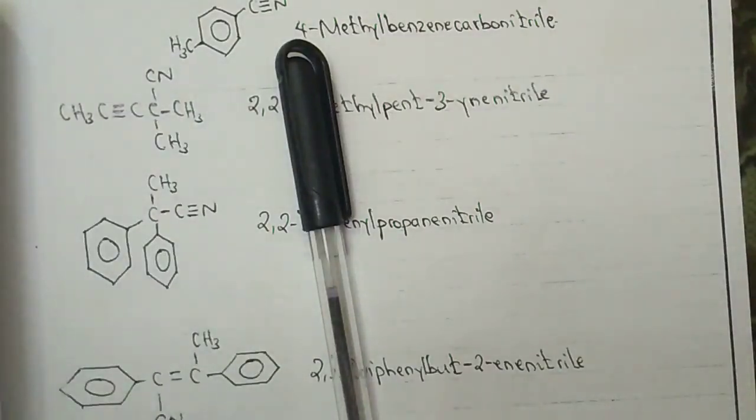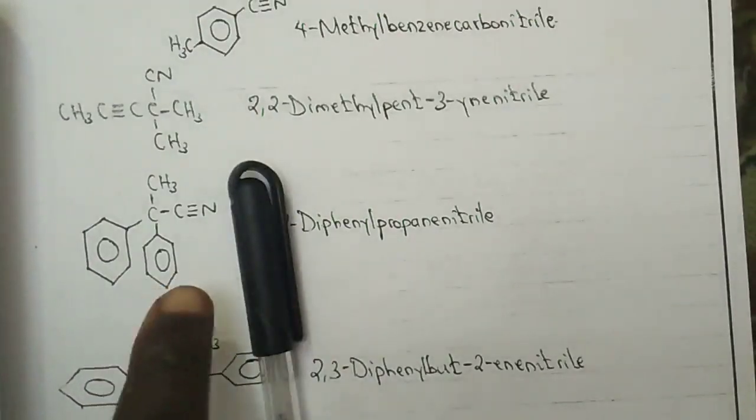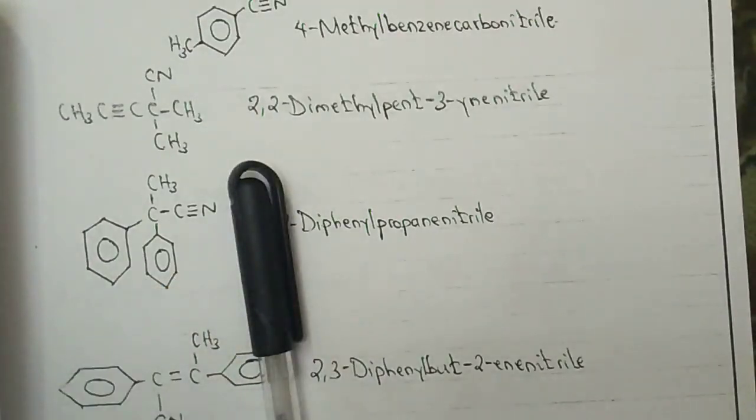Kwanza hapo kwenye carbon ya pili kuna methyl mbili, 2,2-dimethyl, then it's pent-3-ynenitrile, triple bond. So this one's 1, 2, 3. So it's 2,2-diphenyl.